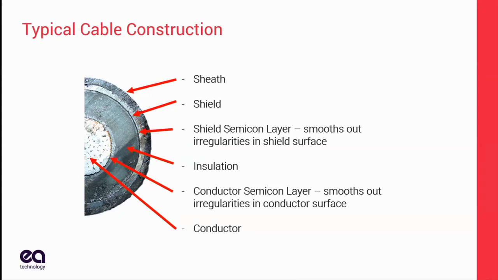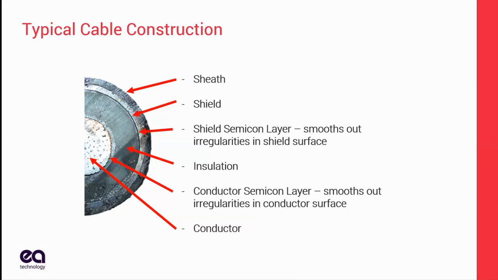Then we have our insulation, and above that insulation, we have another semicon layer before we get to our outer shield, or our concentric neutral. The idea is to use that to smooth out the field at that side of the insulation. So we have a smooth field inside and outside, so we should have a steady gradient of electric field across the insulation, which is what we want.